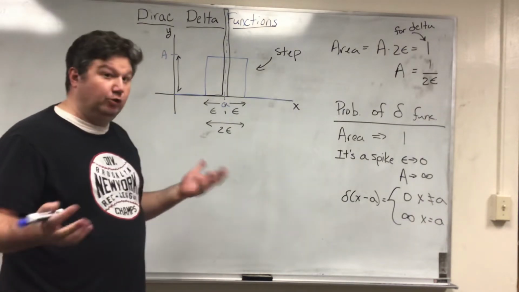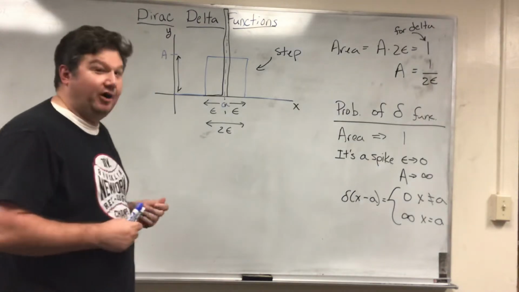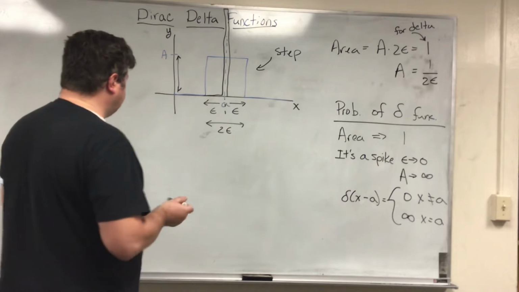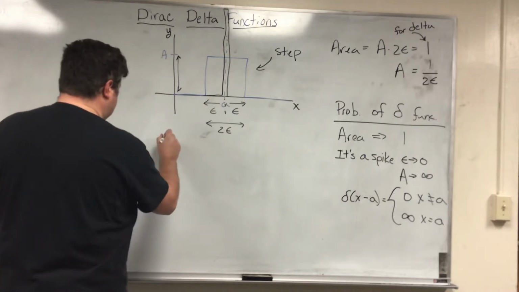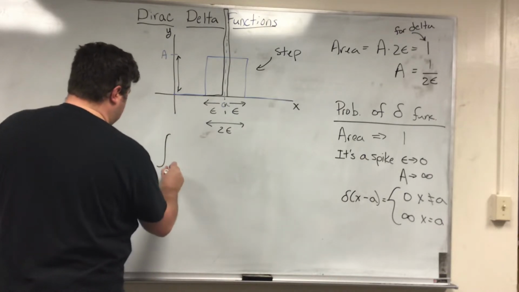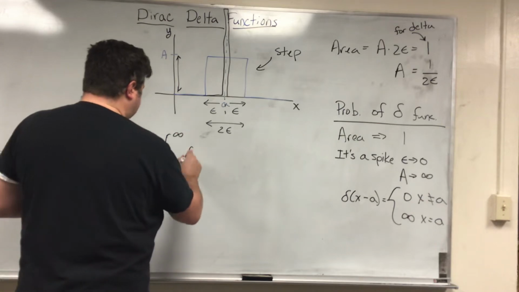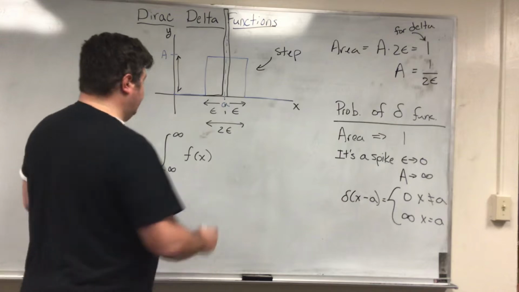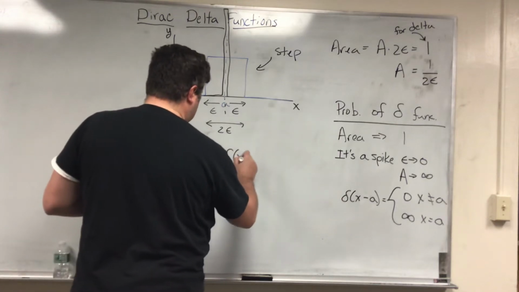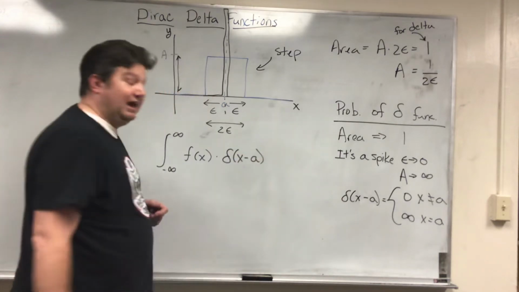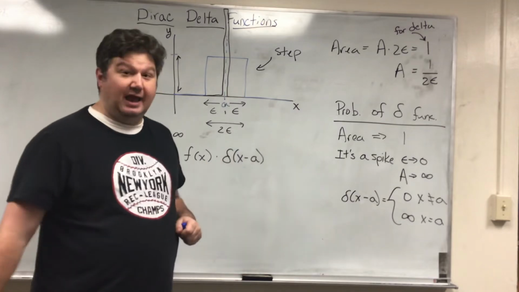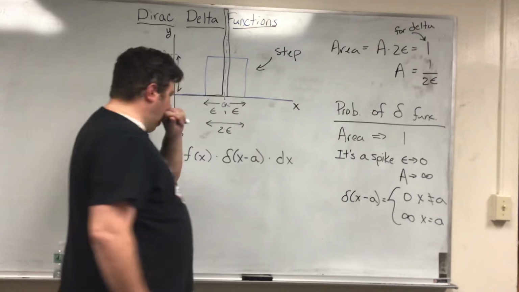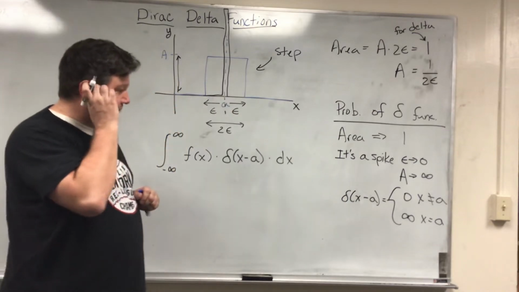Okay. So how can we use this to our advantage? Imagine we have the following integral: some function of x times the delta function, x minus a, times dx.